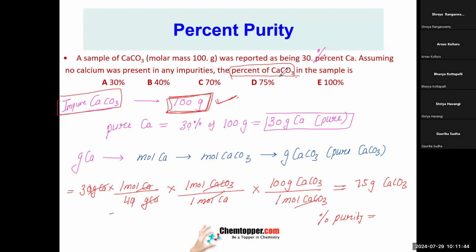In that 100 gram, there was 30% calcium. So from there, we calculated 30 grams. So what was the initial amount of the impure sample? 100. How much is pure? 75. So 75, the pure amount, divided by the impure sample, multiplied by 100.